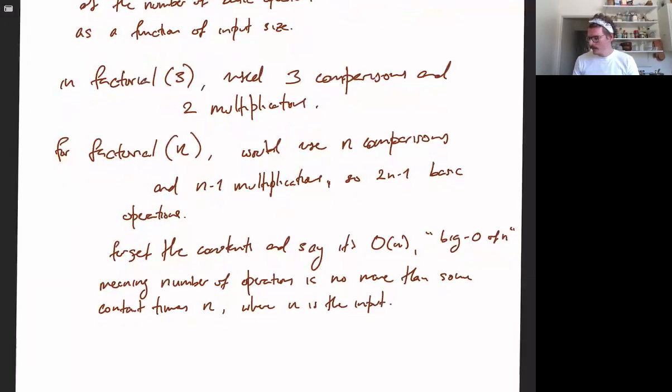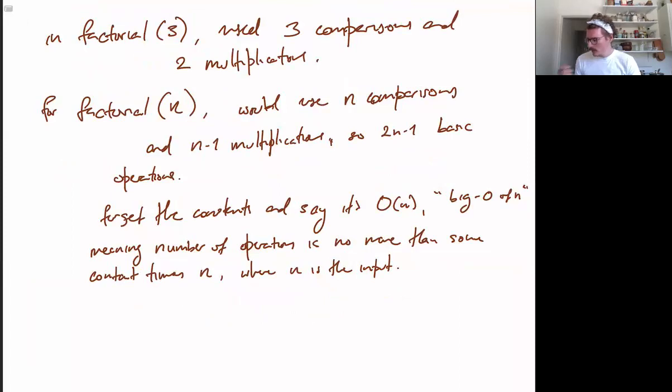So this kind of thing we call linear time, because the function n is a linear function. And basically, since we're forgetting the constants, we're sort of using this to mean any multiple of n, so any linear function, which is why we call this linear time.